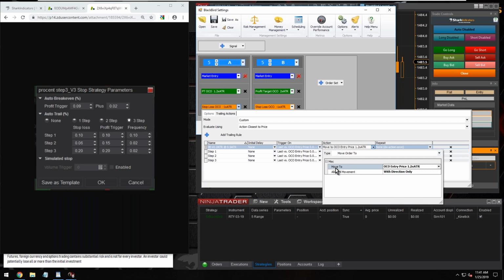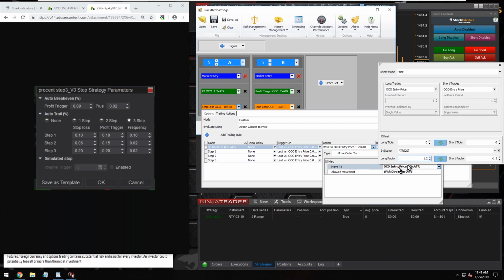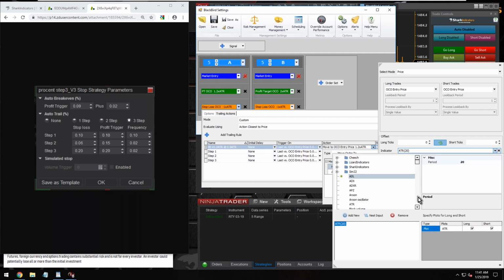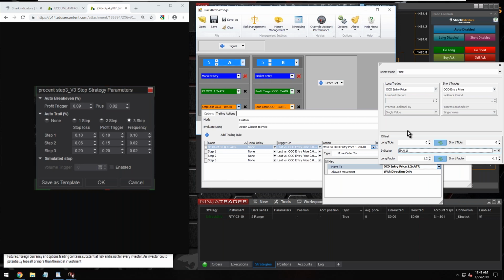And the action. Yeah, so let's move that stop loss to, and we'll replace the ATR. Okay, there's our SMA, 1 period. And it's 0.02%.